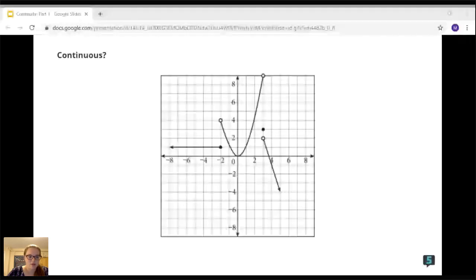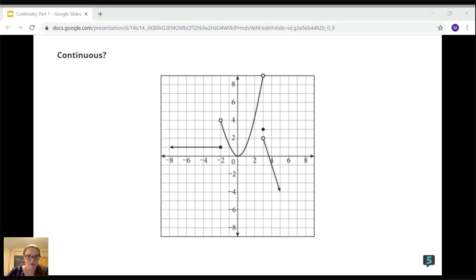I'm seeing no's. Why no? Okay, we're coming in with some calculus definitions that we're actually going to get into later. That's awesome, Samantha. So I'm hearing yes and no.